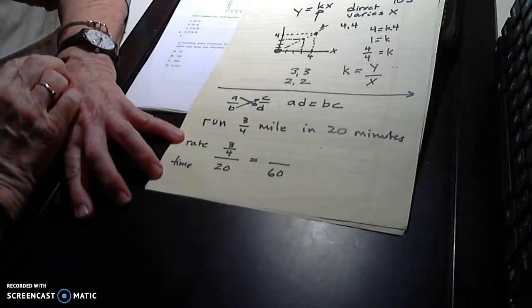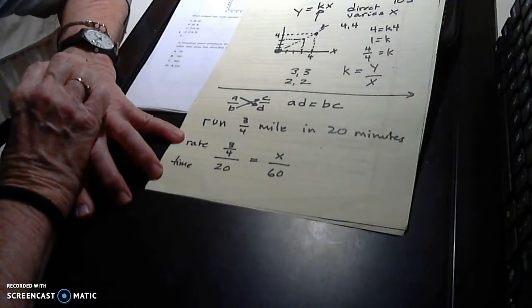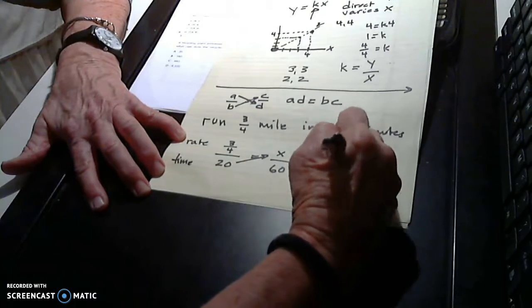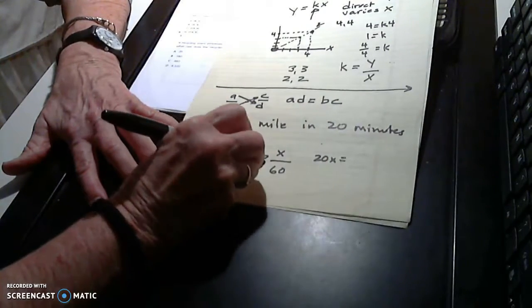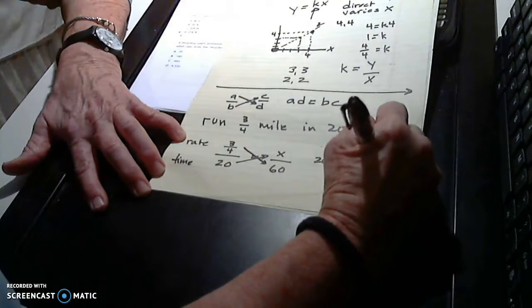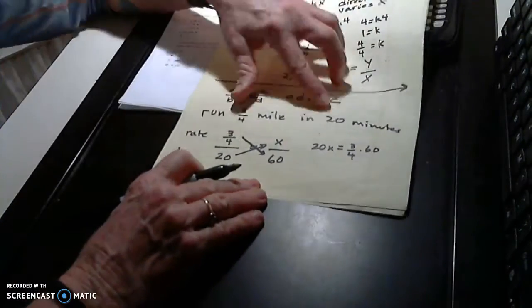So I put my 60 there, and I'm looking for x. In order to find x, I'm going to cross multiply, and I get 20x equals 3/4 times 60. So that is the mechanical way of doing this.